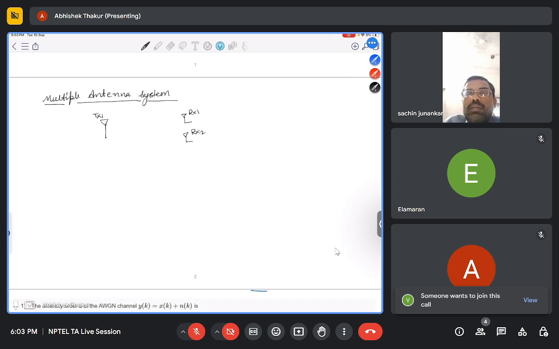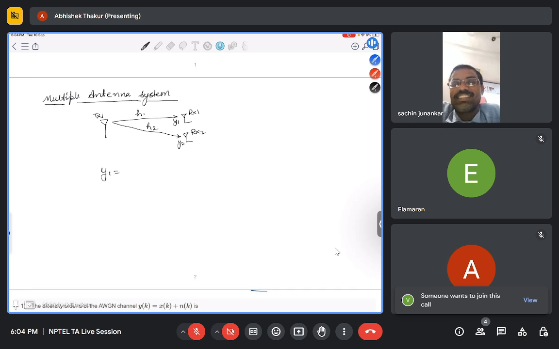Here the fading coefficients between T1 and R1, and T1 and R2, let's assume are H1 and H2, and the received symbols are Y1 and Y2.